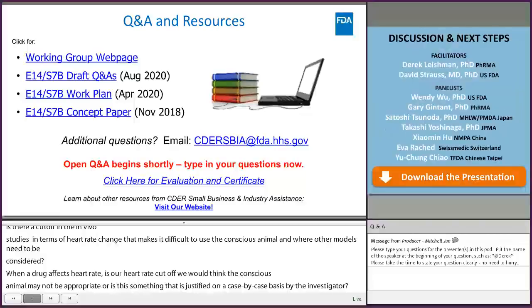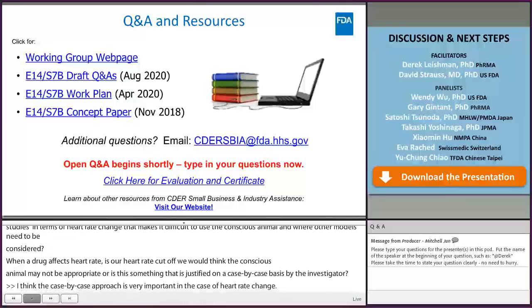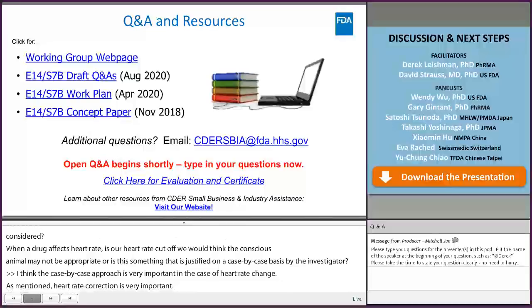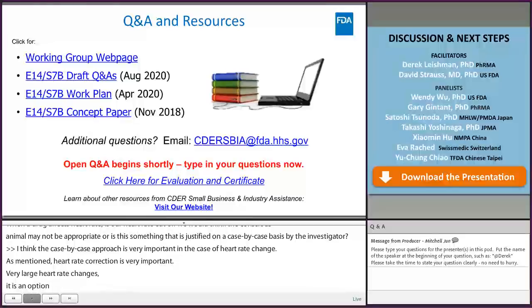As previously mentioned, the individual heart rate correction is very important. And also in the case of very large heart rate changes, one of the options is an alternative method, such as anesthetized animals and controlled heart rate. It is very important and one of the options, I think. That's all. Thank you.